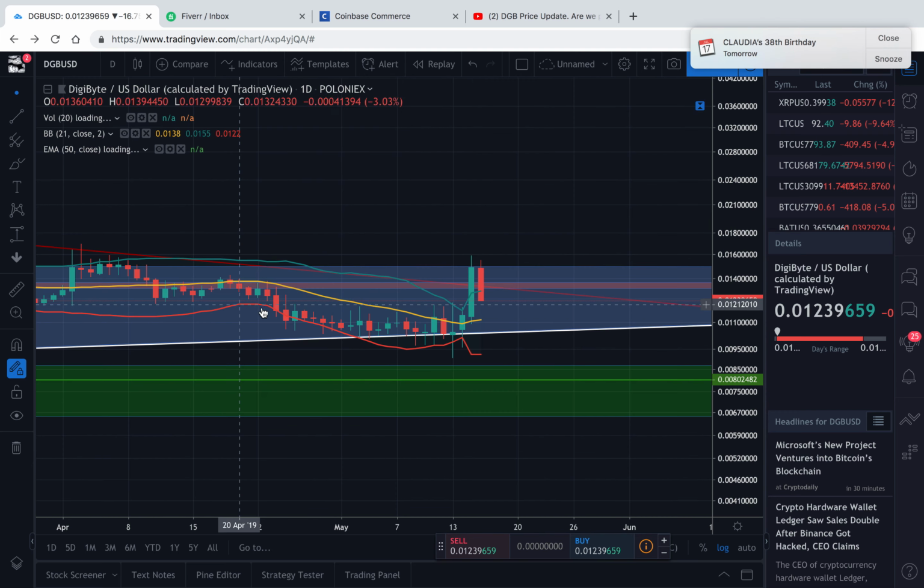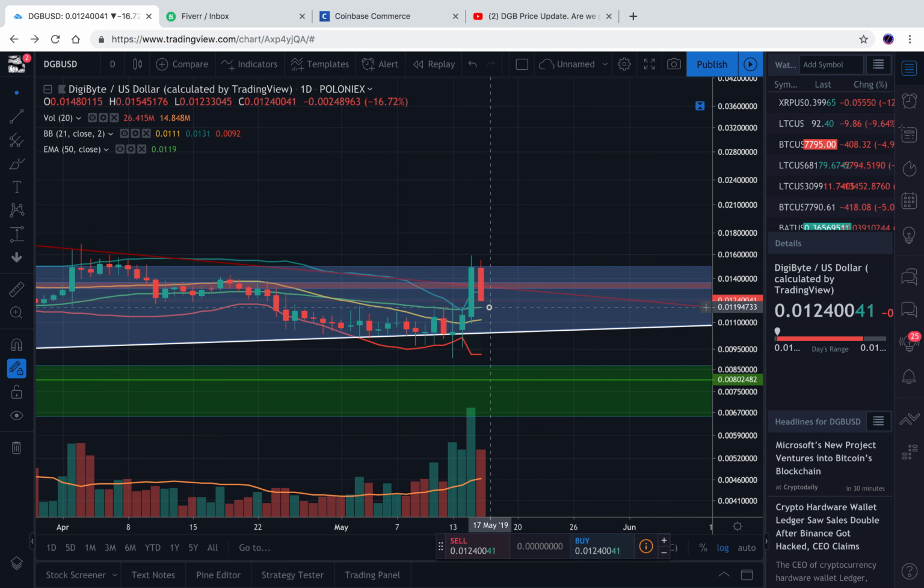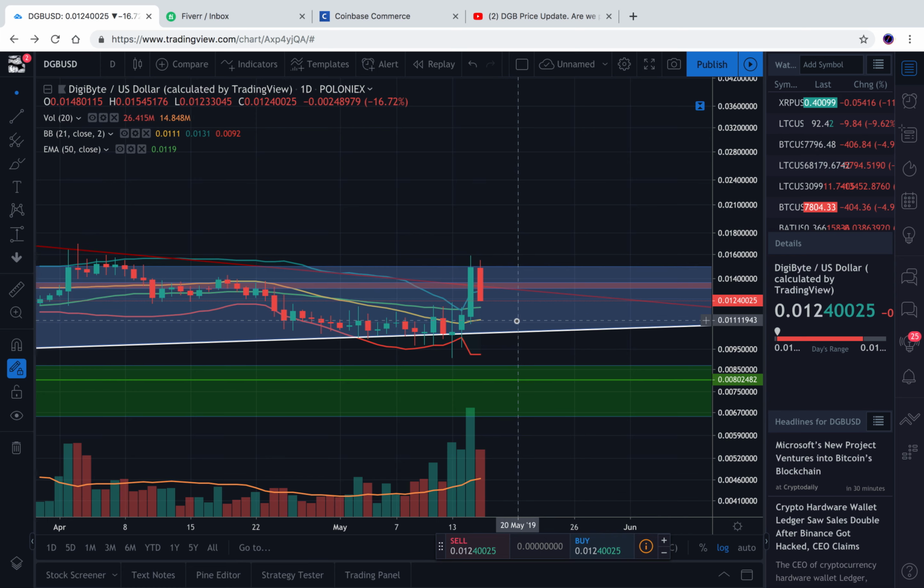So on the daily, we could possibly have a pullback to, which is slightly higher than the 21-day moving average on the daily.